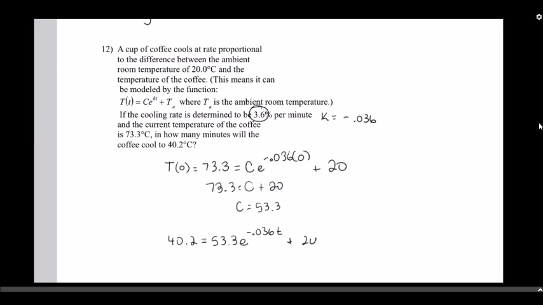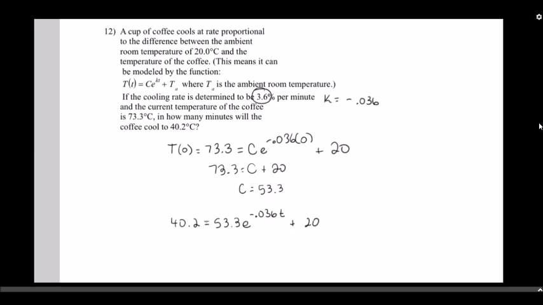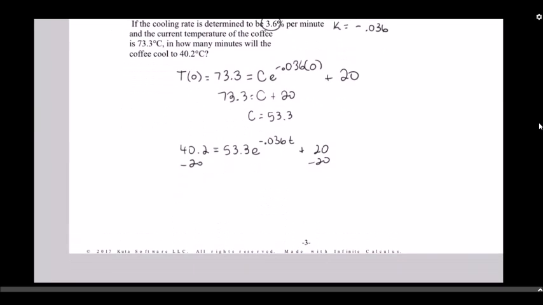Plus 20. So to solve for t here, we need to get this exponential by itself. So subtract 20. 20.2 equals 53.3 e to the negative 0.036 t.